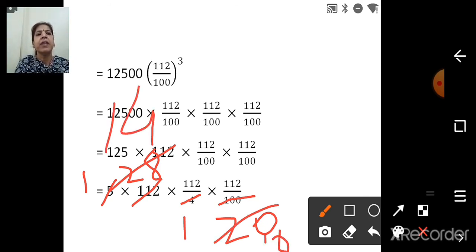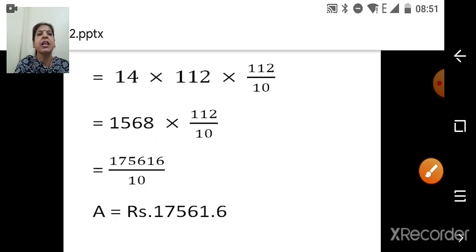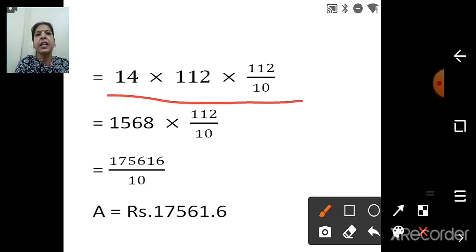So here we have got 10. This is 10. So what is remaining? We are now getting 14 into 112 into 112 upon 10.